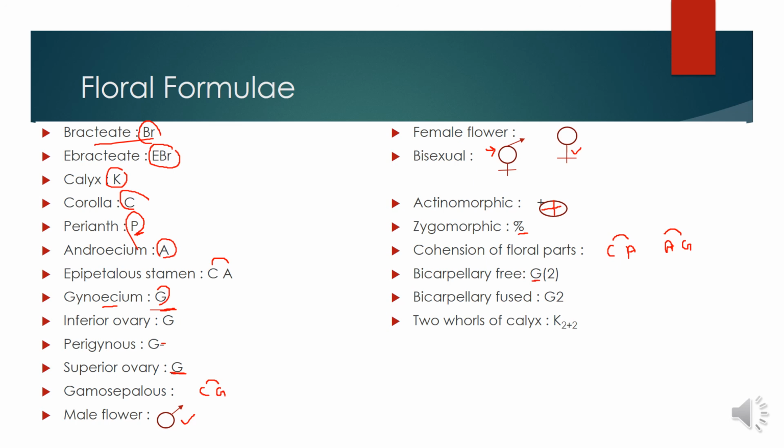Gynoecium is denoted by G, and here it is written 2 because the number of carpels in the gynoecium is 2, and if it is free, then it is denoted by this bracket. If it is fused, then there is no bracket written. And the number of whorls can be written by adding the numbers; here it is 2 whorls, so it is written 2 plus 2.